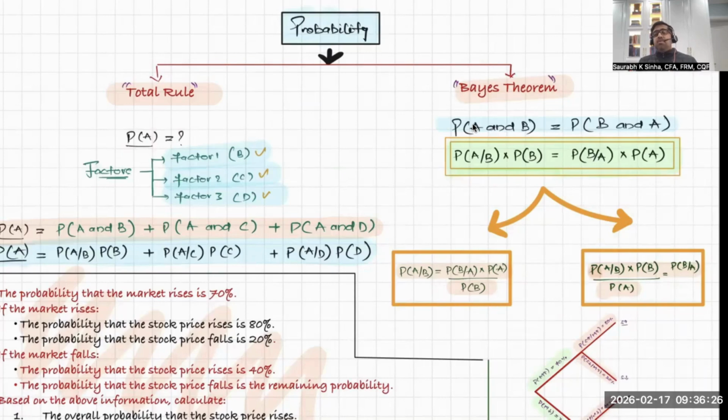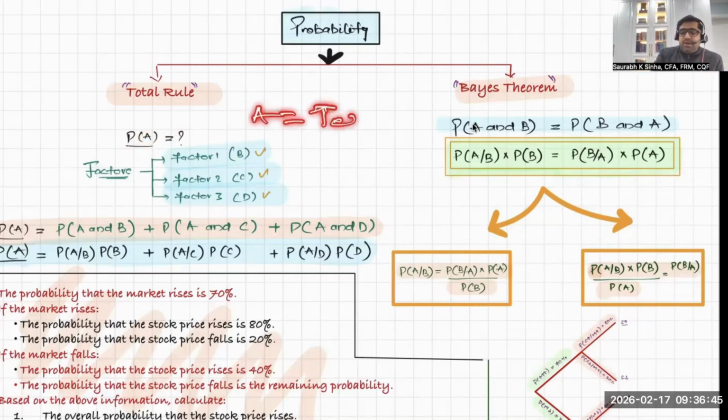And assume A is an entity, and A could be any entity. Assume here A is: what is the probability of Tesla stock price rising?